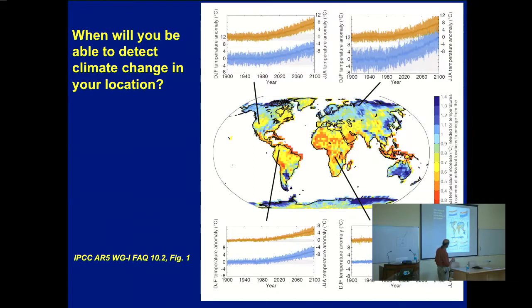There's a gray band here, which is a continuation of these curves. If you keep going straight horizontally, that would be your band with no anthropogenic forcing.